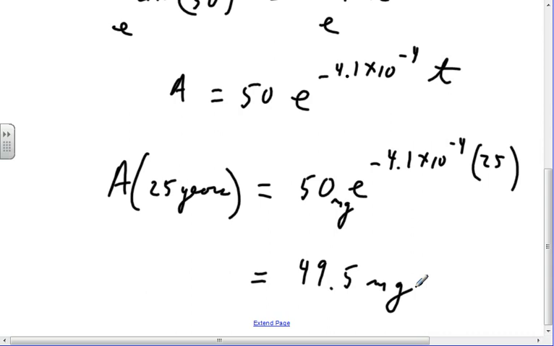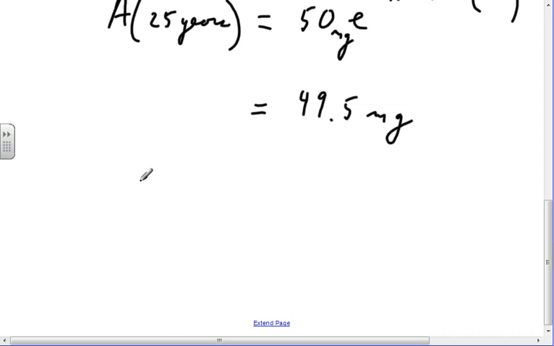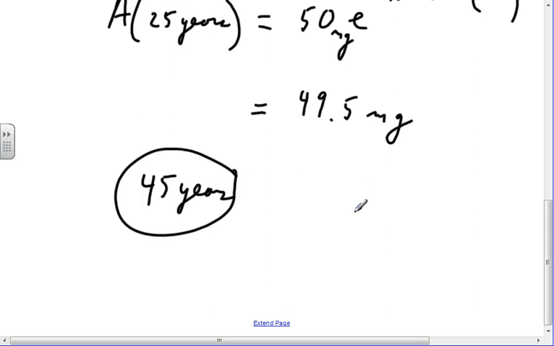Okay, so in a society where the average age is 45 years old, do we really care about the health risks of anything that's going to happen 40 years from now? Probably not.